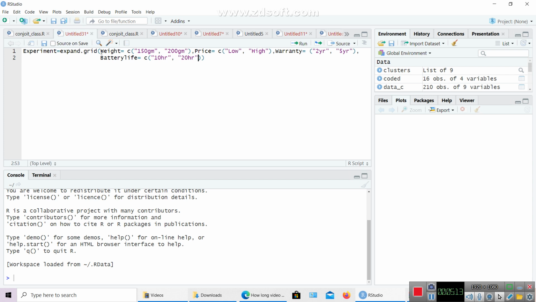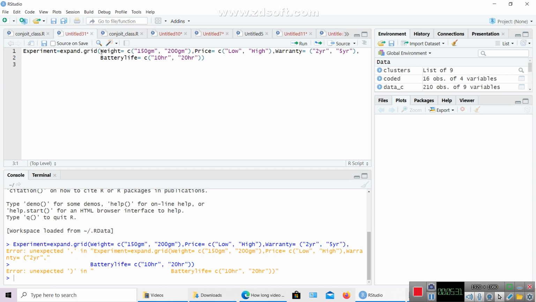Okay, so this is my basic research design. My research design or my experiment will include all the attributes which I want to put in this study, and each attribute will have some levels. There might be some error here. Let me find out.